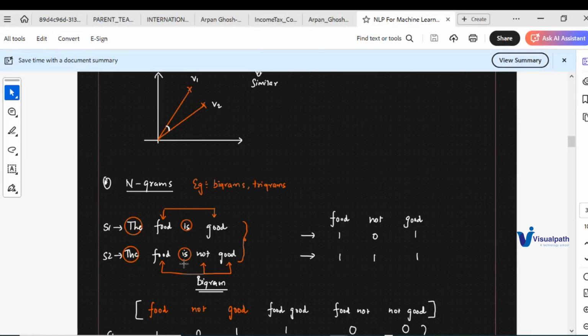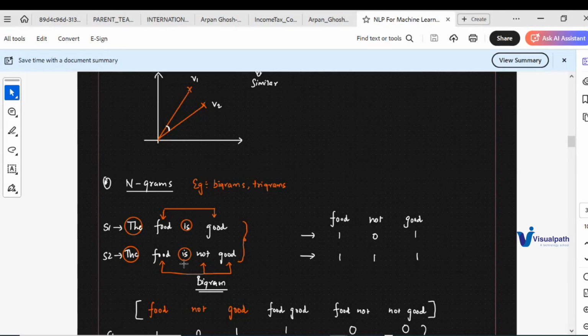But the machine reads one word at a time. Since it reads "not" and "good" separately, it will not consider the context at all. So it will not be able to understand that it is a negative sentiment.